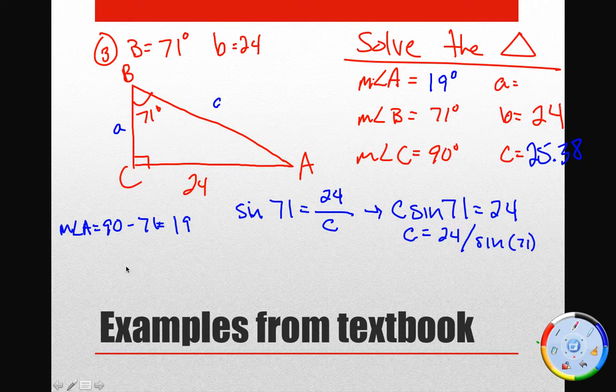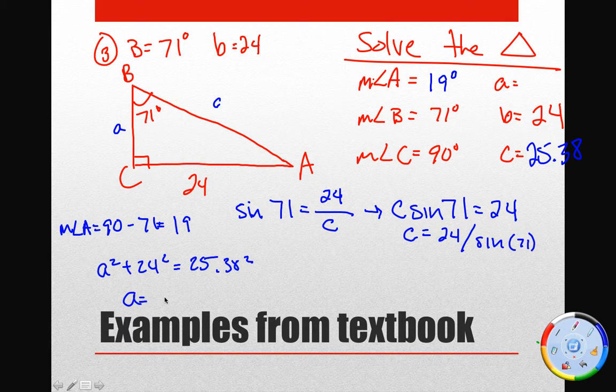Since I have two sides of a right triangle, I can use the Pythagorean theorem to solve for the third. So a squared plus 24 squared is equal to c squared, or in this case 25.38 squared. I can subtract 24 squared and take the square root.